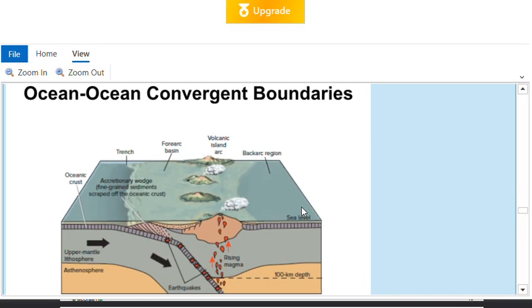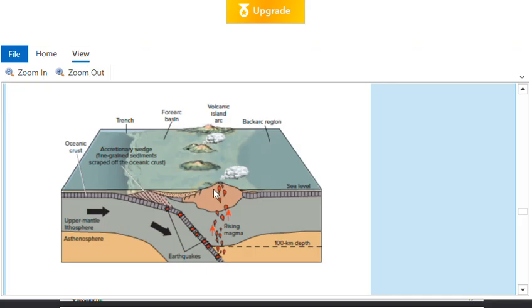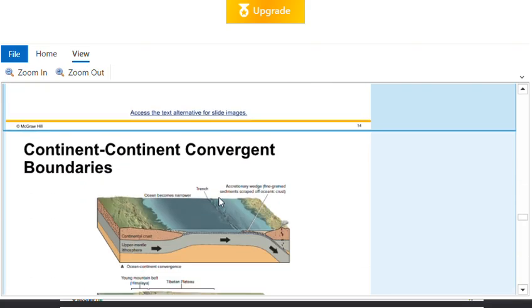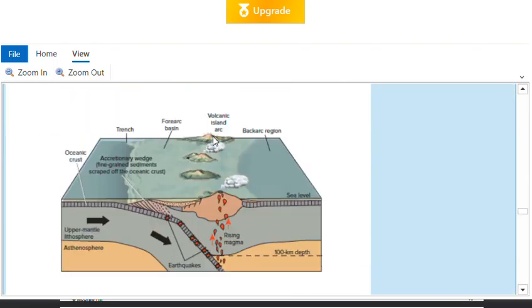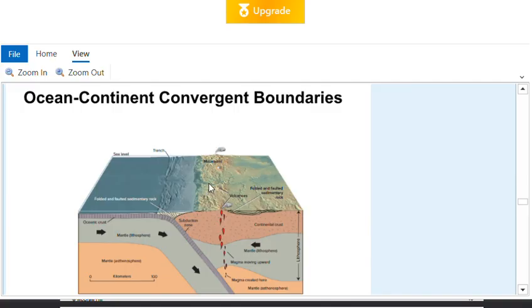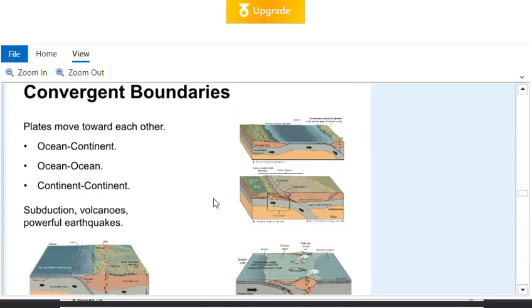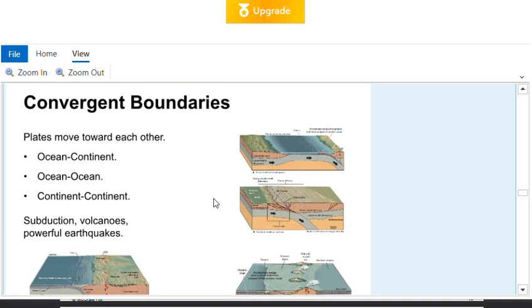Surface features are what? Different. No one of these scenarios gives us the same superficial features. Are we still together?